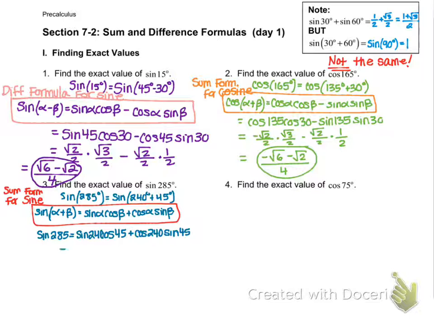And from the unit circle, we're going to get negative root 3 over 2 times root 2 over 2 plus negative 1/2 times root 2 over 2. And this simplifies into negative root 6 minus root 2 all over 4.